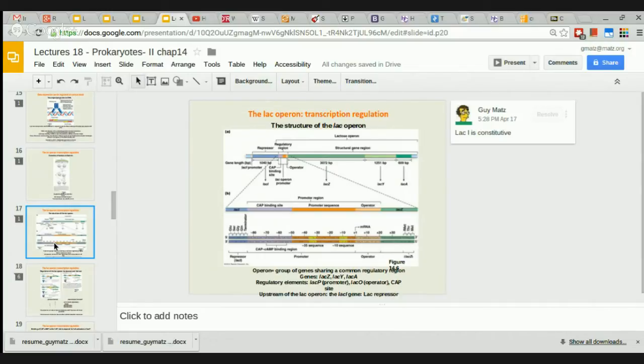Then upstream of that, there's the CAP binding region, and CAP is a molecule which binds cyclic AMP, and cyclic AMP is not produced when glucose is present. So this regulation is absent in the presence of glucose.